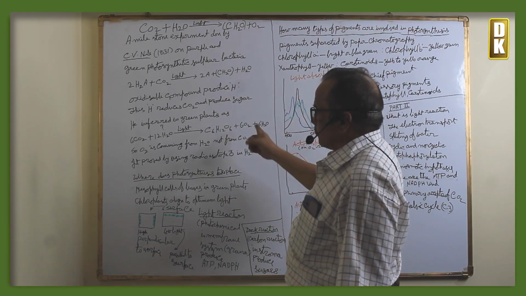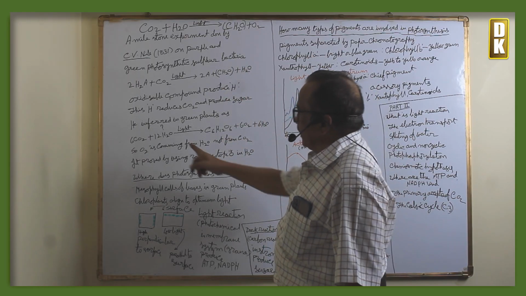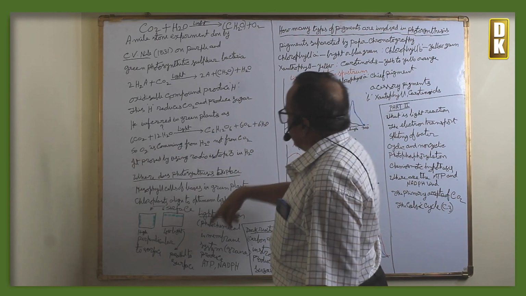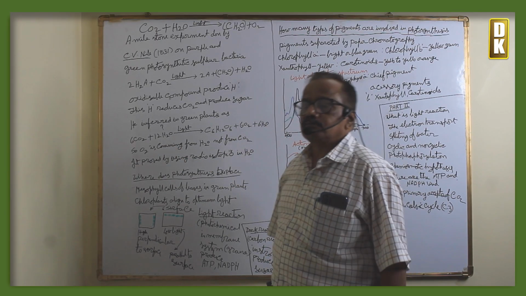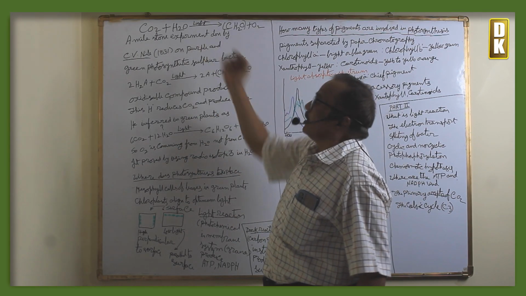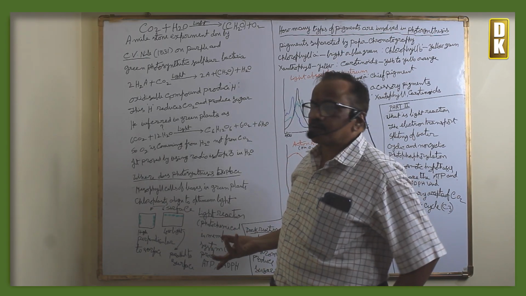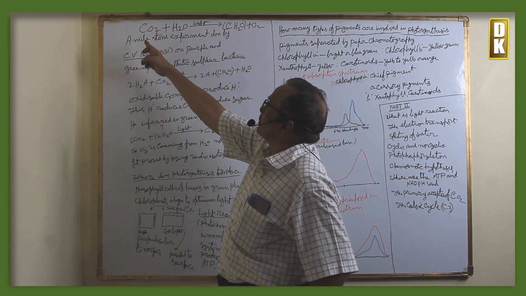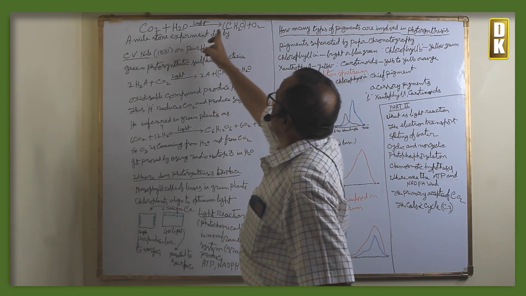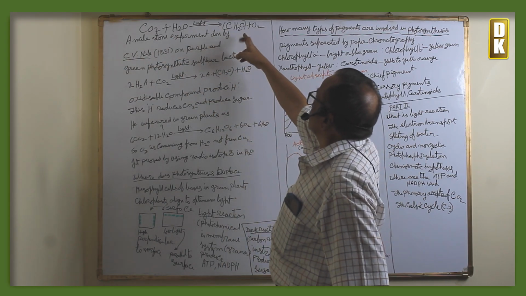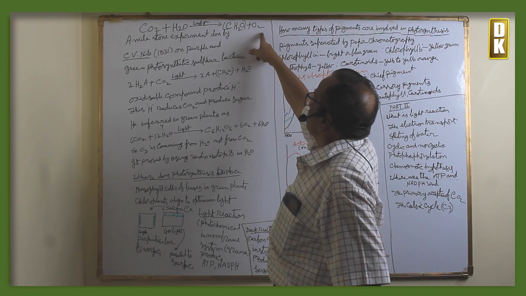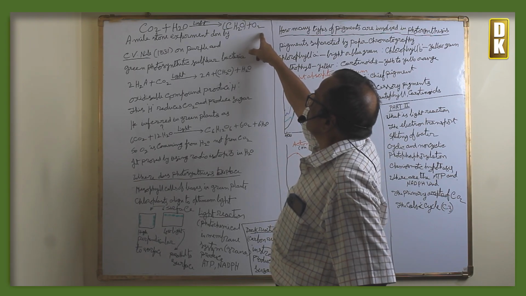Why? Because he asked one question: why is it taking 12 H2O and giving 6 H2O out? It could take 6 H2O like this and produce. For example, 6 CO2 and 6 H2O will become C6H12O6, and 6 oxygen will come out.